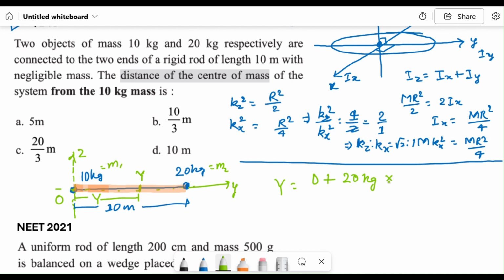Divided by m1 plus m2, which is 30 kg. So we can write it as 200 by 30 meter, or 6.67, or we can write it as 20 by 3.